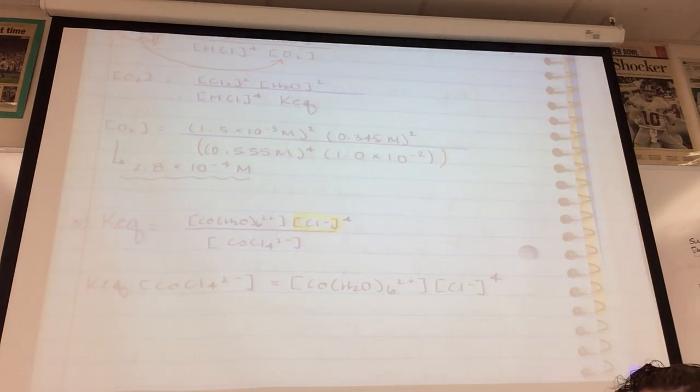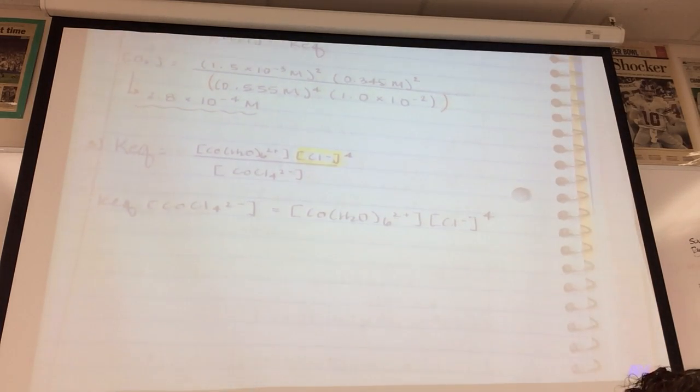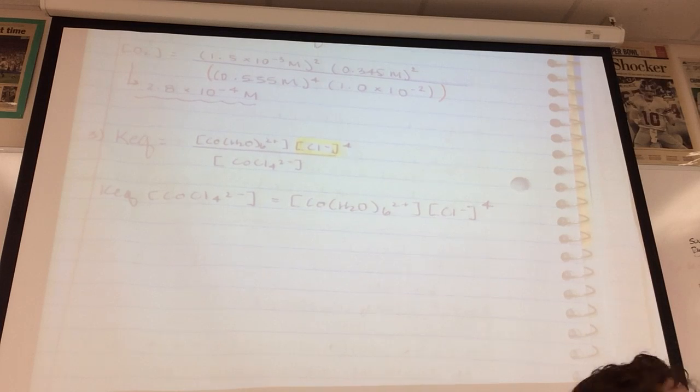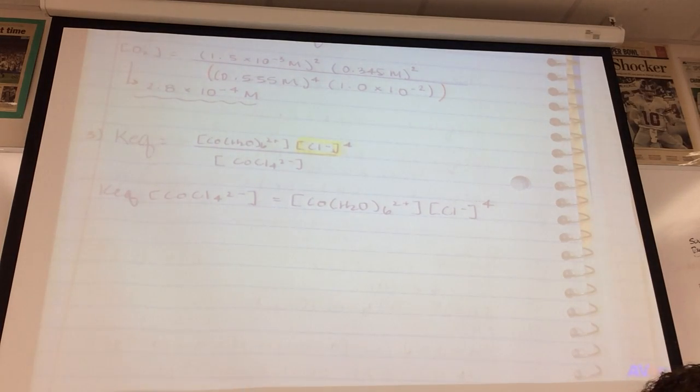So when I cross multiply, I have this. That needs the cobalt. It's tricky. It's a hydrated cobalt 2 ion. It's a ligand, and we used to teach it in AP. They took it away. Thank God.